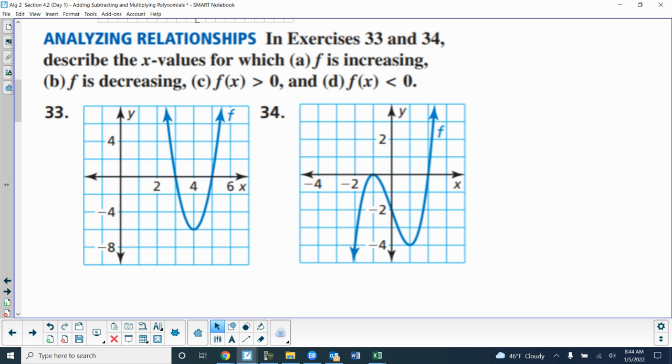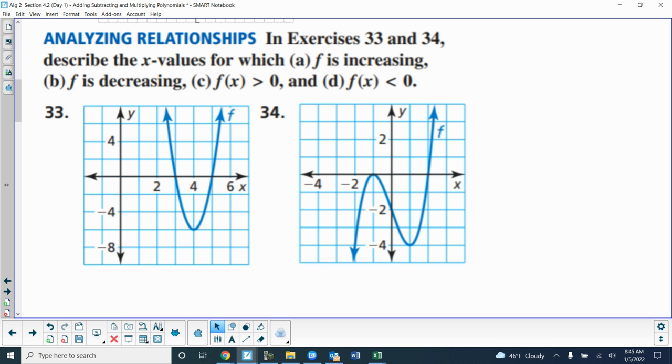Okay. I was gone. All right, so when we think about increasing and decreasing, think about walking along the graph going left to right, okay? So if I'm walking along this graph, am I going down as I go left to right here, or am I going up here? I'm going down, right? If I'm going this way, and if I was walking along that.